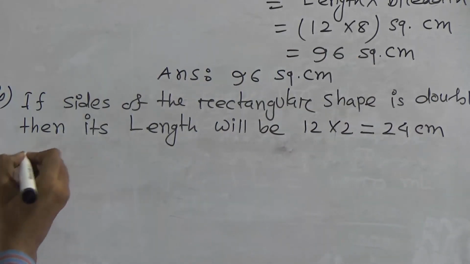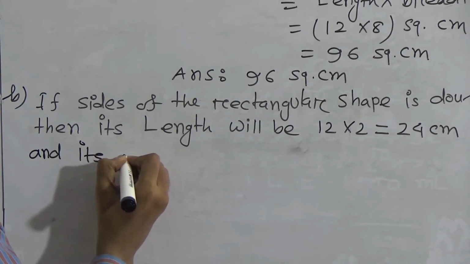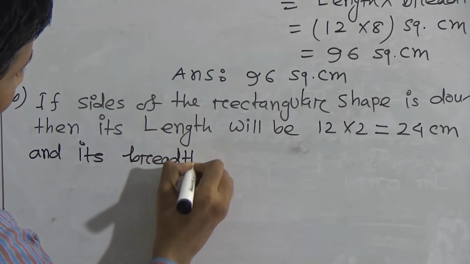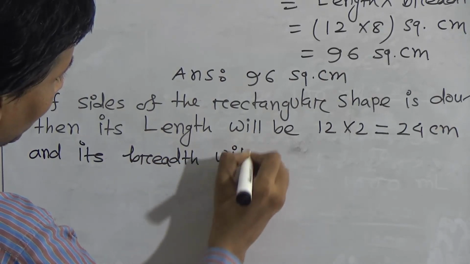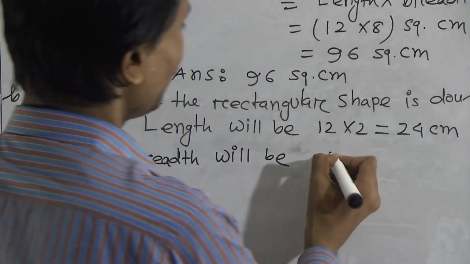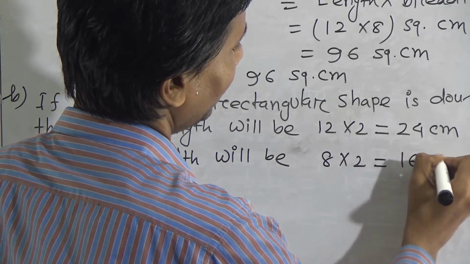And its breadth will be double, that means what? 8 into 2, that means 16 centimeter.